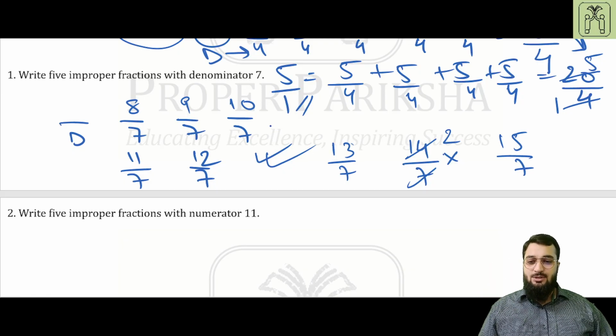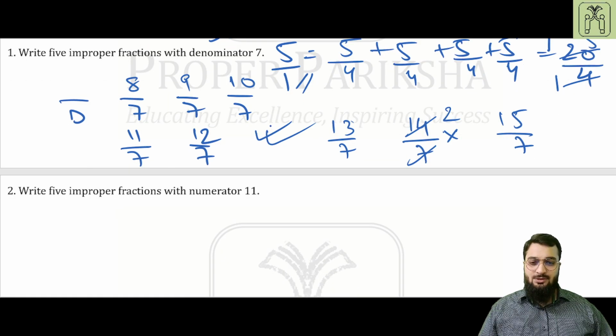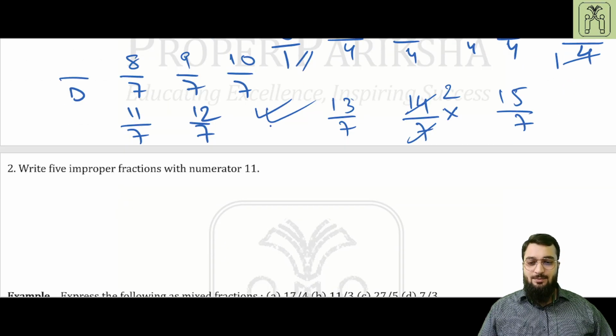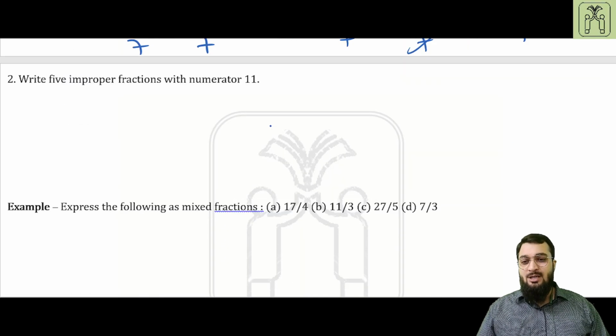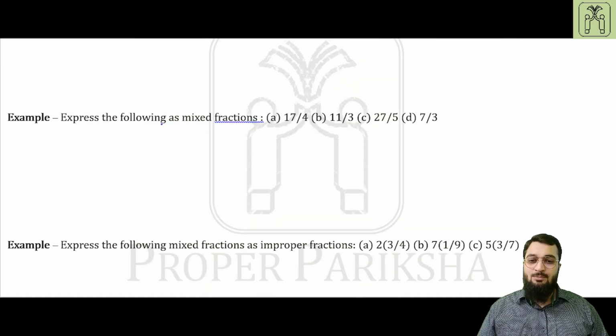Coming to the next question, write 5 improper fractions with numerator 11. So the numerator will be 11 and we have to write improper fractions.